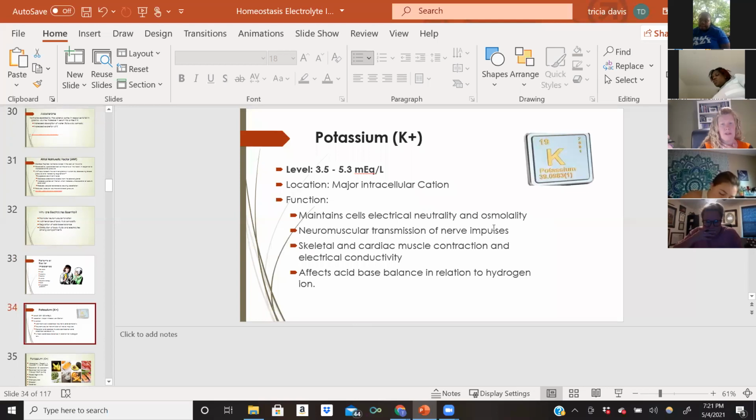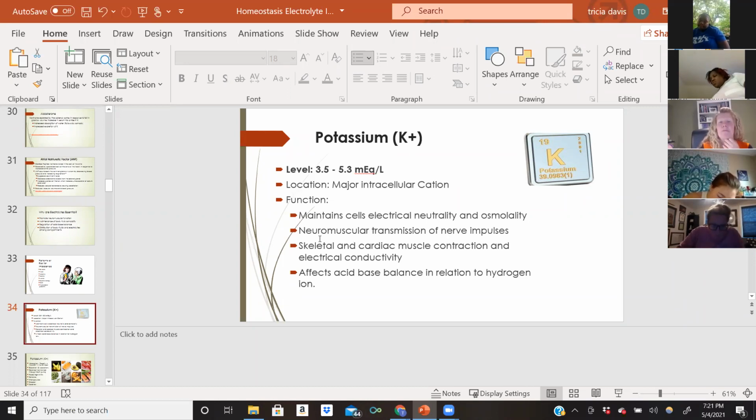So, intracellular cation. What does potassium do? It helps maintain our cells' electrical neutrality and our osmolality. It helps neuromuscular transmission of nerve impulses through our body.